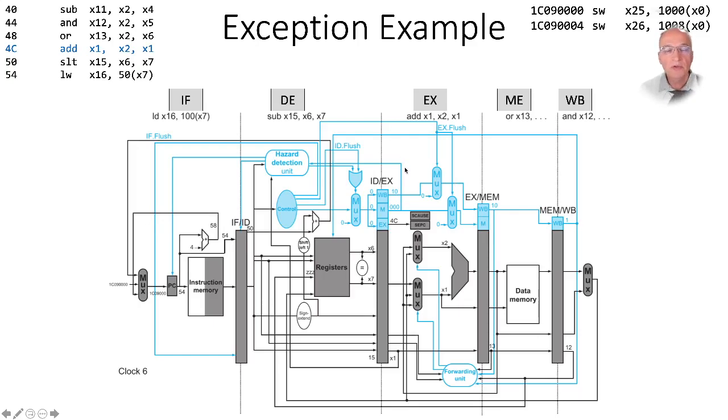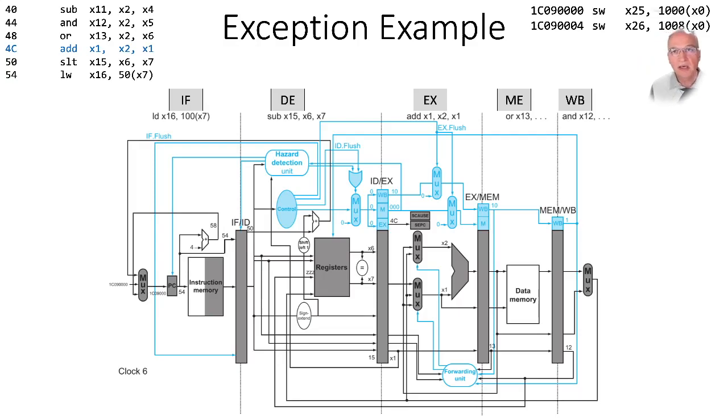So the way you do that, one way to think about the way it occurs in the pipeline is that the add instruction that's caused an exception, most likely during the execution stage, will raise a flag saying I'm flushing the pipeline.